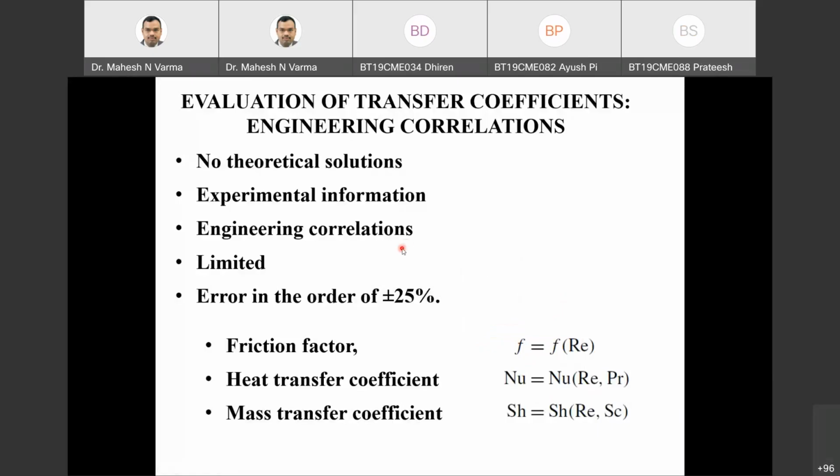Initially, we got an important outcome from the 10, 11 classes of discussion previously related to heat transfer, mass transfer, and momentum transfer. The most important parameters to be understood in heat transfer are thermal conductivity, heat transfer coefficient, and temperature profile.